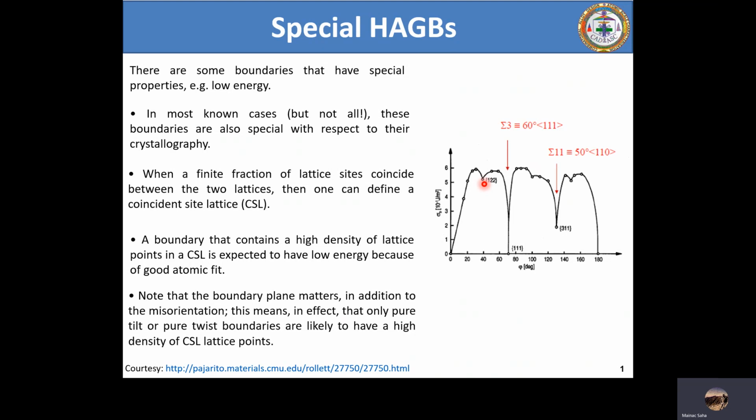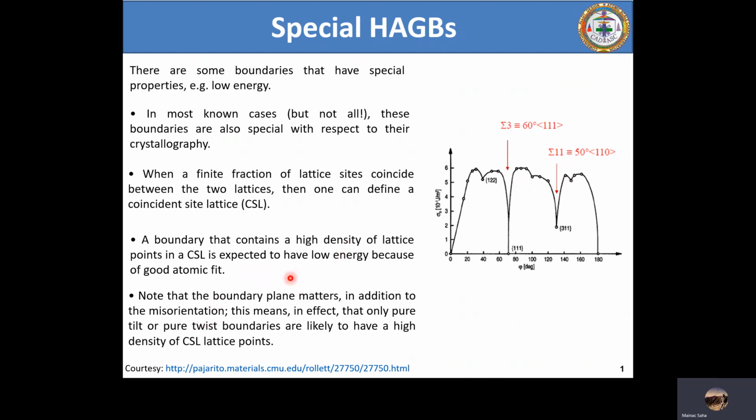Because see, there is a local minima, a dip in the grain boundary energy versus misorientation plot here, but then the minima is not that low. The value of the grain boundary energy at this minima is comparatively much higher than that for sigma 3 and sigma 11 boundary. So we have to keep this in mind.